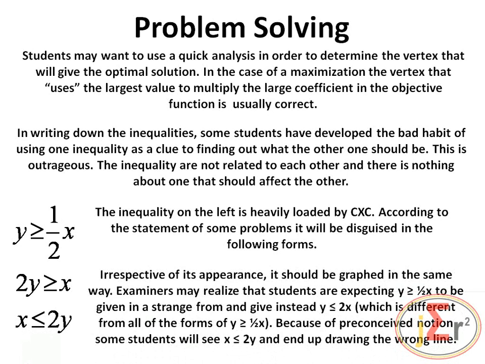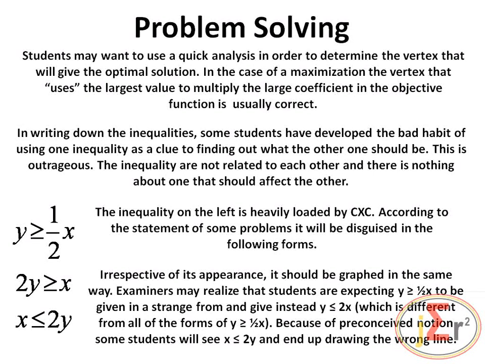Examiners may realize that students are expecting y is greater than or equal to a half of x to be given in a strange form, and give instead y is less than or equal to 2x, which of course is different from all of the forms of y is equal to a half of x. So they expect you to sometimes anticipate y is greater than or equal to a half of x in some other form.